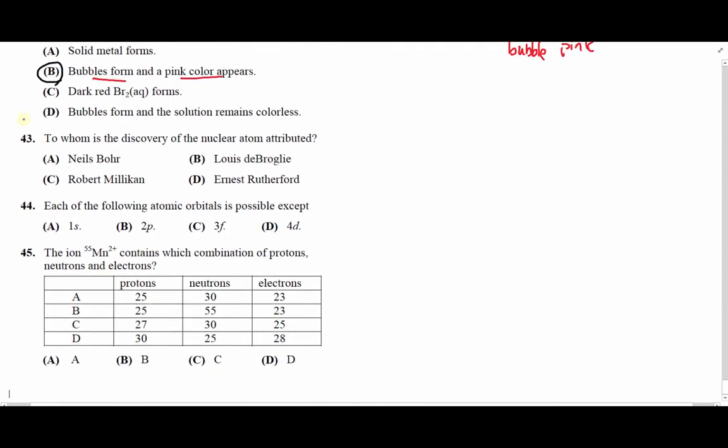Number 43. To whom is the discovery of the nuclear atom attributed? If you know who it is, it's D. Rutherford made the gold foil experiment. He had alpha particle emission, and a gold foil that the emission went through.